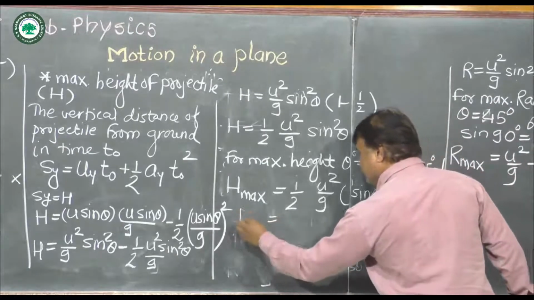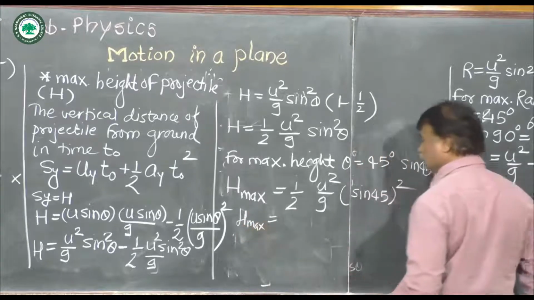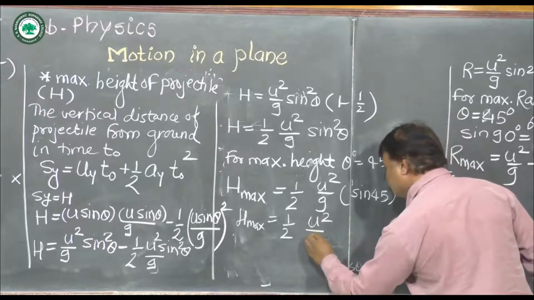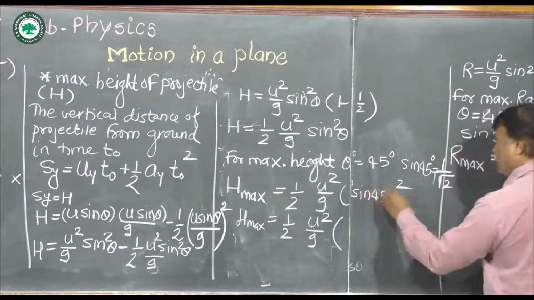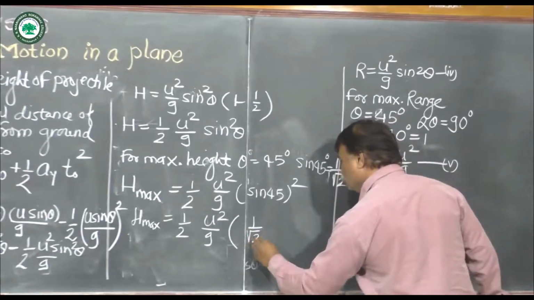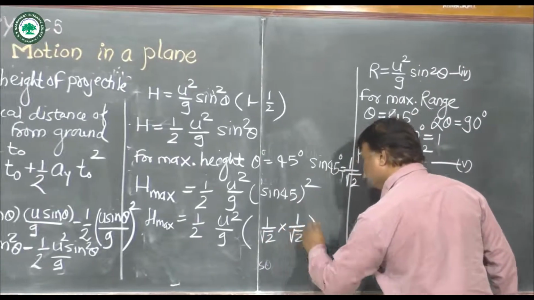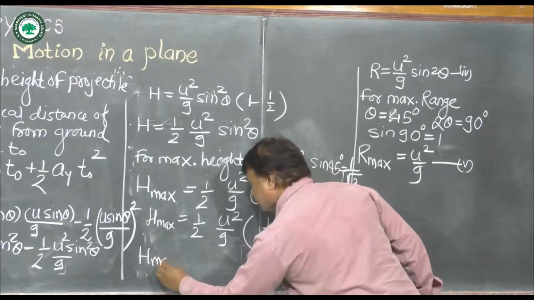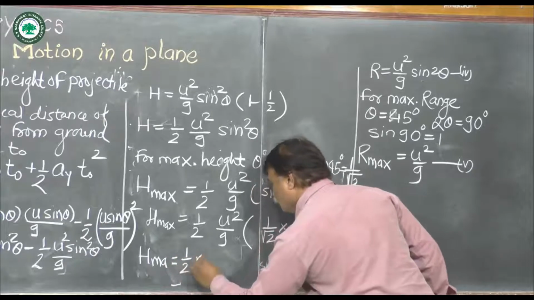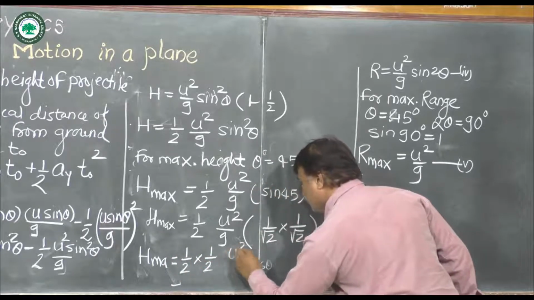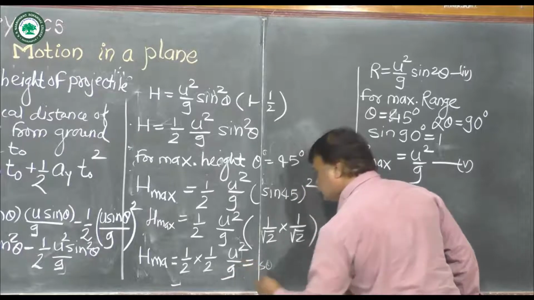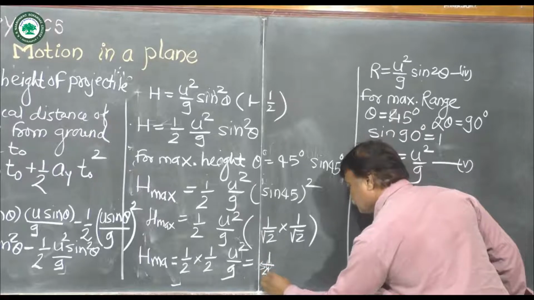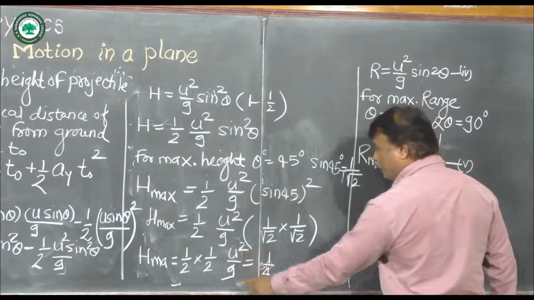So h max is equal to this half as it is, u square upon g, sin 45 is 1 by root 2 into 1 by root 2. So h max is equal to 1 by 2 into 1 by 2 into u square upon g. This 1 by 2 into 1 by 2 will become 1 by 4, and u square upon g.